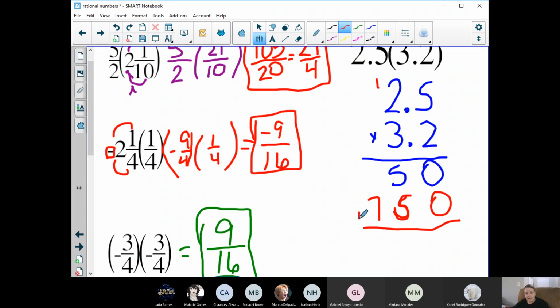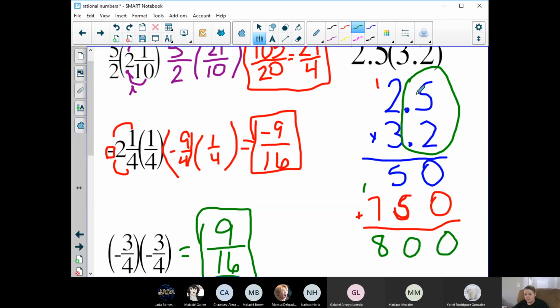And we're going to add these two numbers together. So 0 plus 0 gives me 0. 5 plus 5 is 10. Put a 0 down, carry our 1. And 7 plus 1 is 8. Now, we are not finished because we have decimals in our problem.